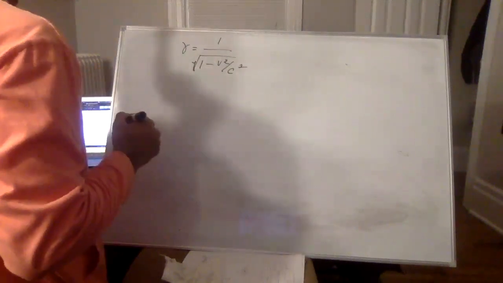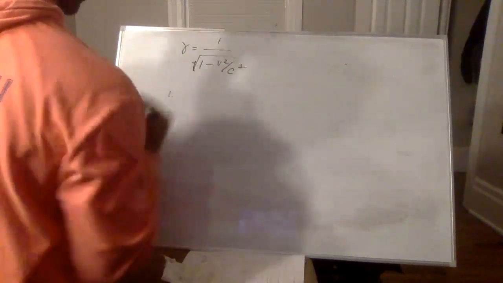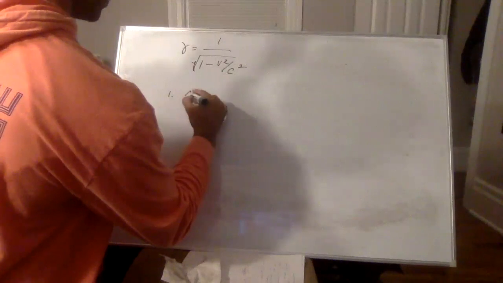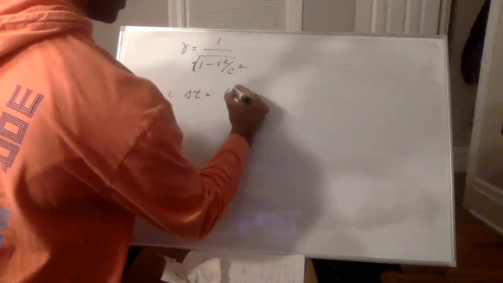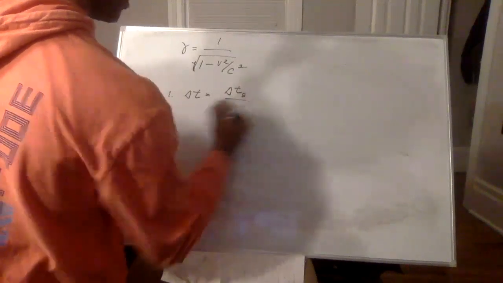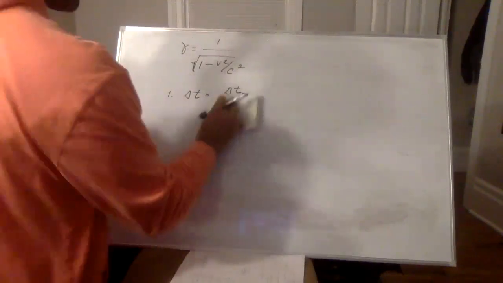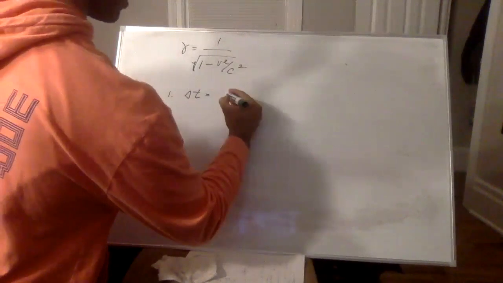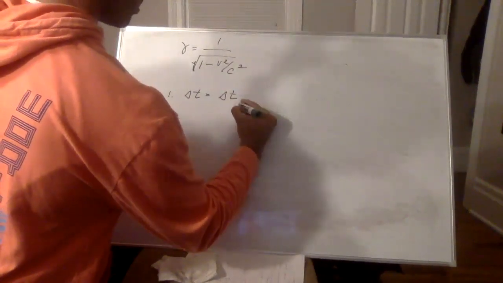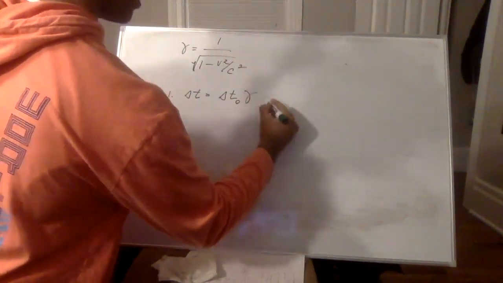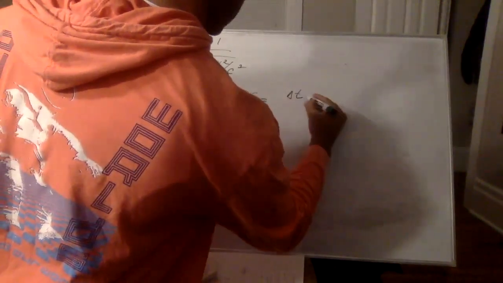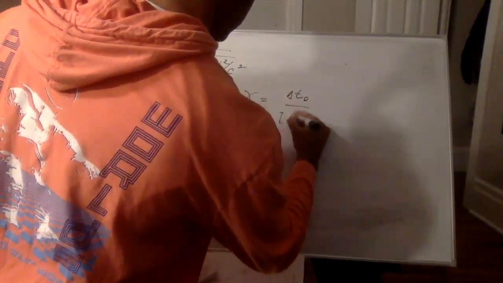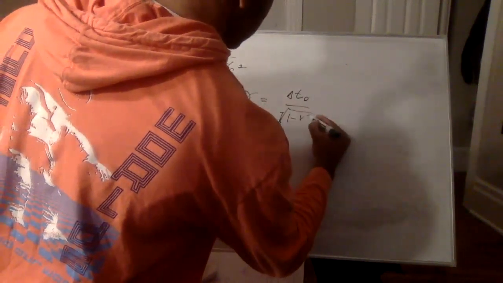Right, so the first one I talked about, time dilation, where delta t, or your change in time, is going to be equal to delta t naught times gamma, right? And if I just substitute gamma in there, delta t naught over the square root of 1 minus v squared over c squared.